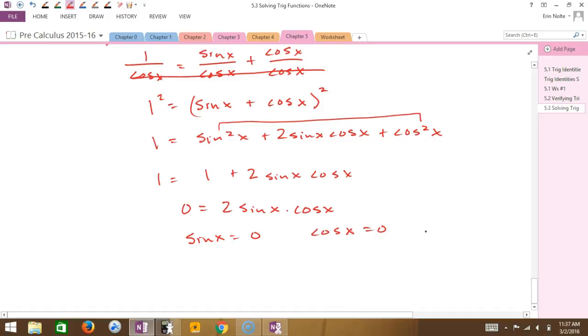Where is the sine equal to 0, or the y equal to 0? At 2 pi. Or you could technically say 0. And then where is the x equal to 0? Pi over 2.